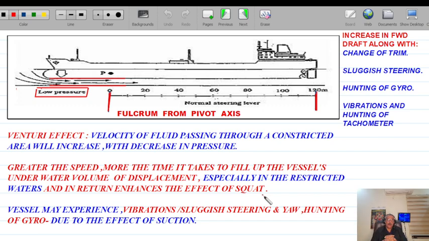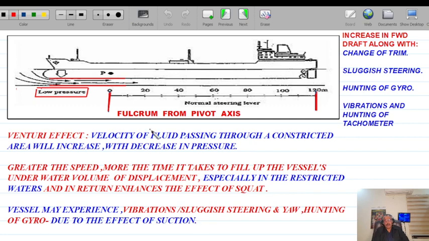So when you are in shallow waters, of course, master and duty officers do exercise due diligence to control your speed, and that is the reason, especially for second mates, when you make the squat calculation, the speed is the main factor, and that is to be strictly adhered to. The vessel may experience vibration, sluggish steering, yaw, hunting of gyro due to the effect of suction, squat effect, and the Venturi effect all combined together.